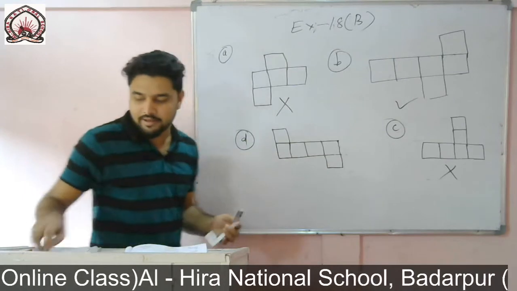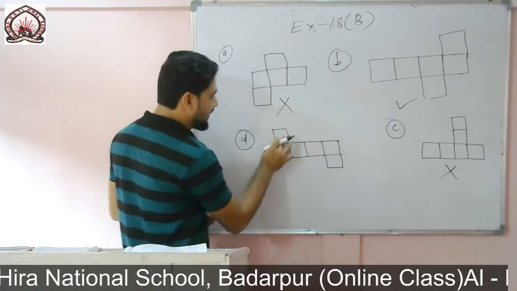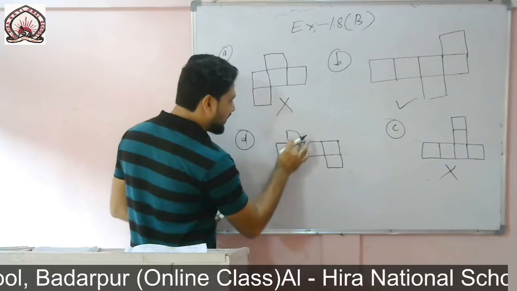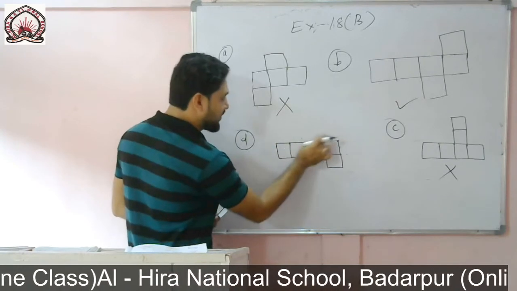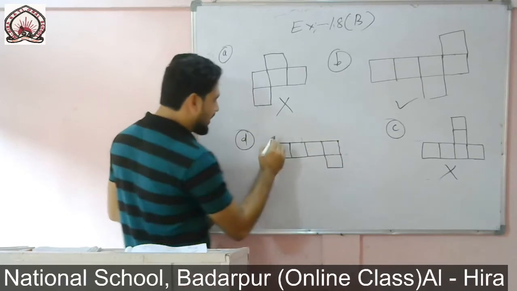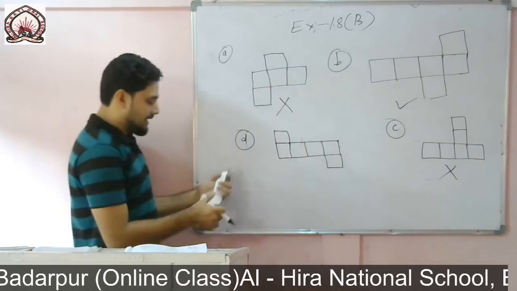Here the bottom is here. If you take the bottom here also, no problem, it will become a closed box. You can take this top anywhere and bottom anywhere, then also it will make a closed box.